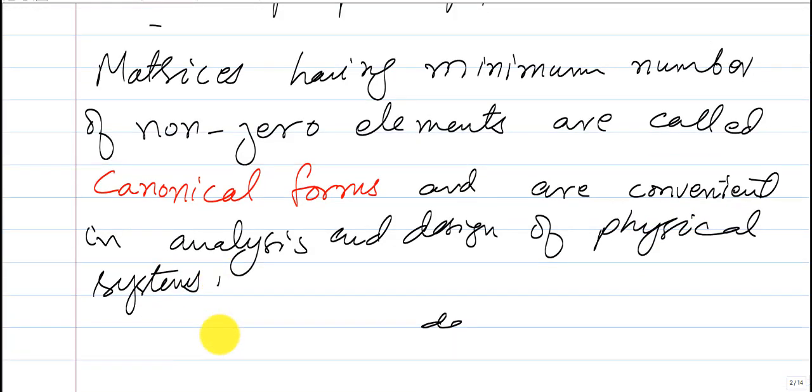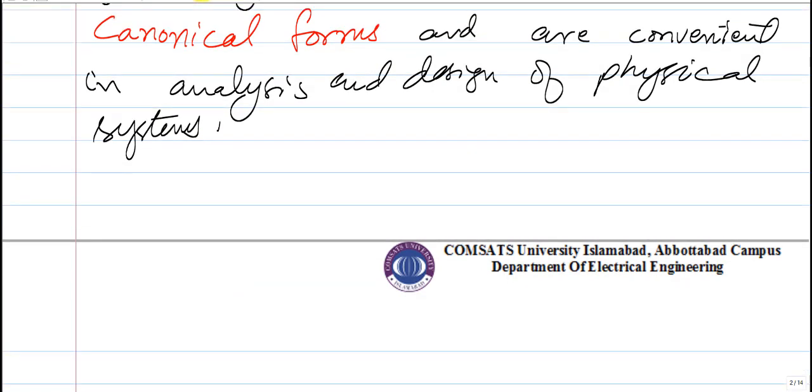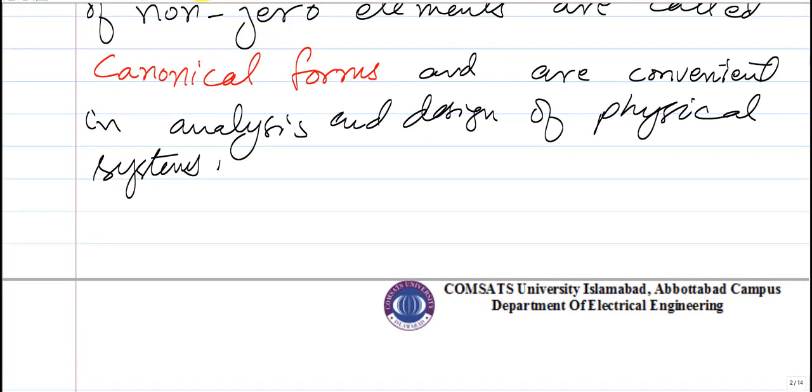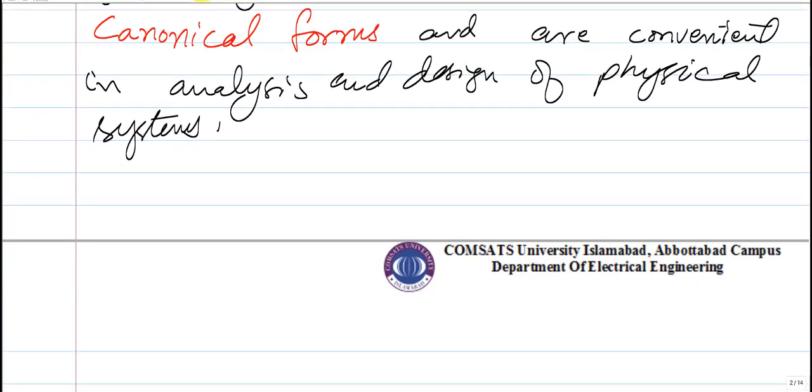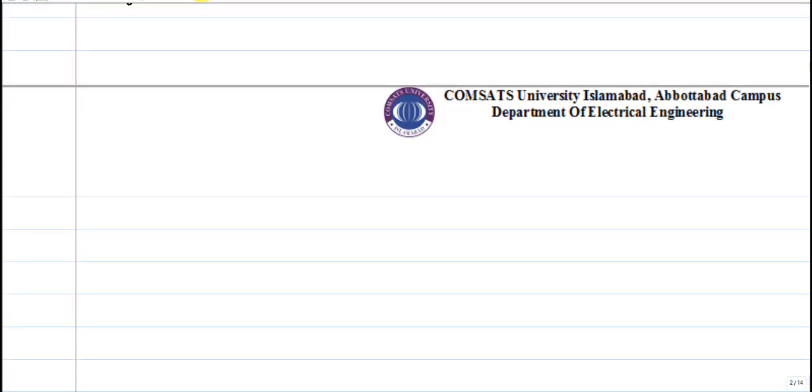Working with them is easy, and we will see how we can use them. This is the basic definition of these realizations of the state model that we obtain from the transfer function. We call them the canonical forms or the standard forms, and they contain the minimum number of non-zero values.